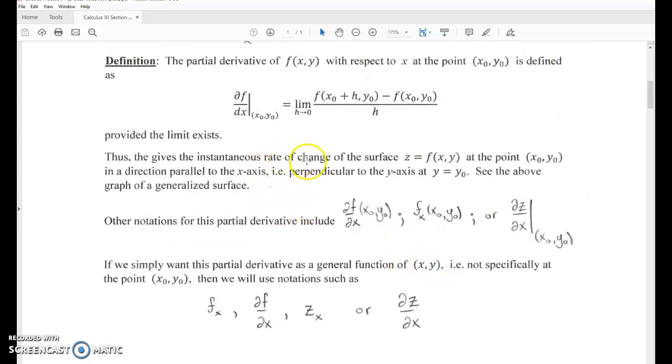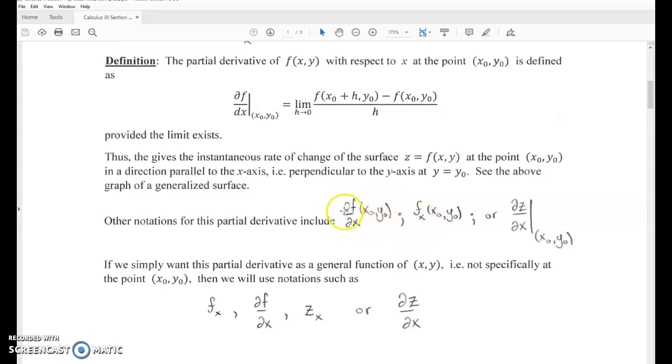So it's the instantaneous rate of change of the surface at the point x naught, y naught in a direction parallel to the x-axis. In other words, perpendicular to the y-axis at y equals y naught. Again, that above picture, you can take a look at it. Now for other notations, instead of putting a line and then x naught, y naught, you can just have del by del x of f of x naught, y naught.